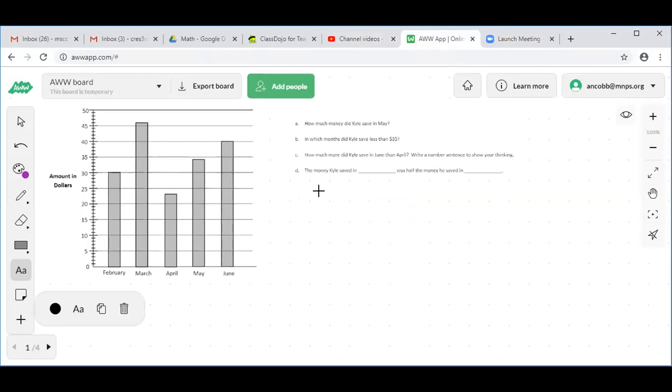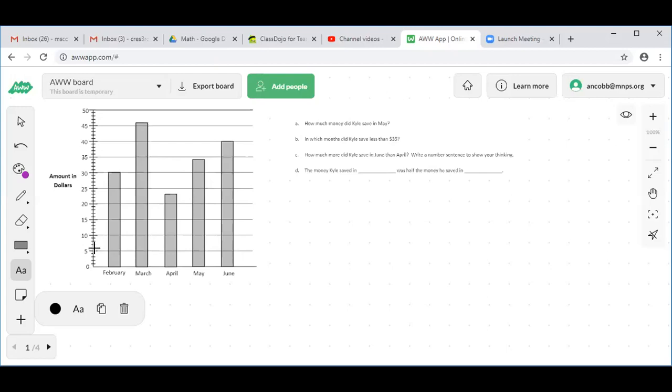So this is an example of a bar graph where the bars are vertical. These are vertical bars. And then on this side, you can see the amount of dollars, and sometimes it'll be by ones. In this case, you're skip counting by 5s.